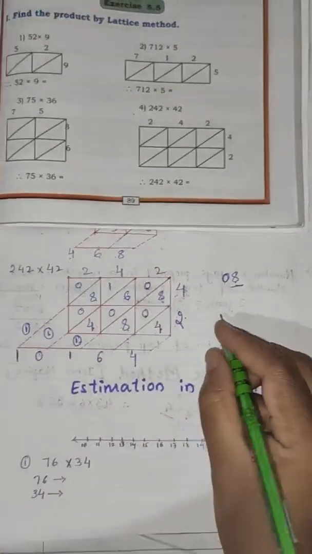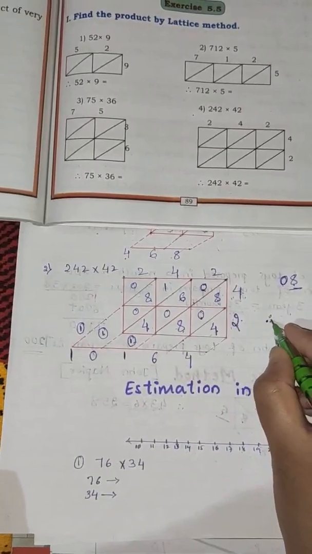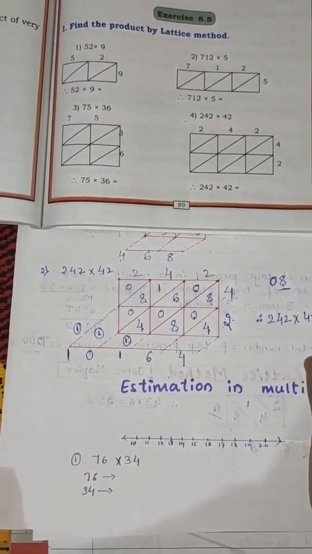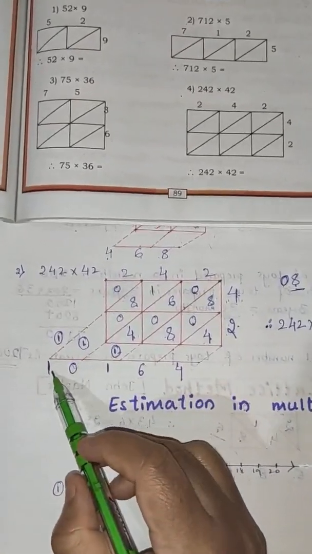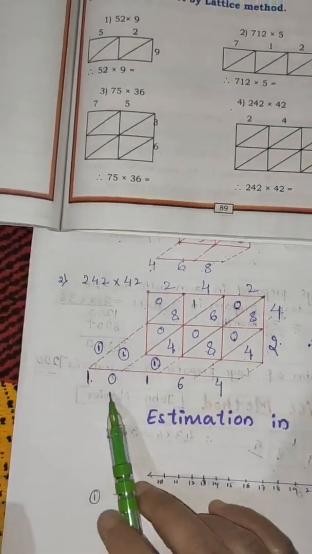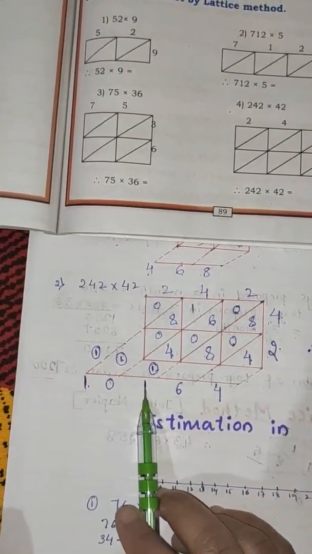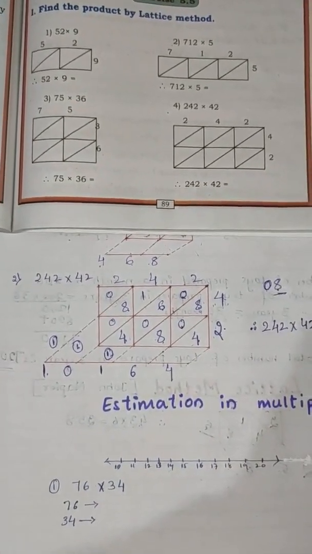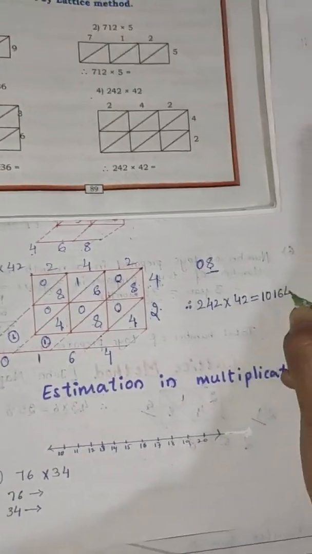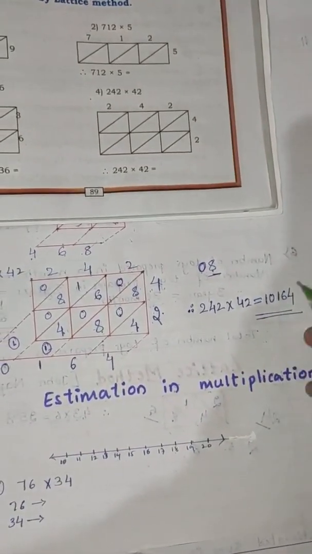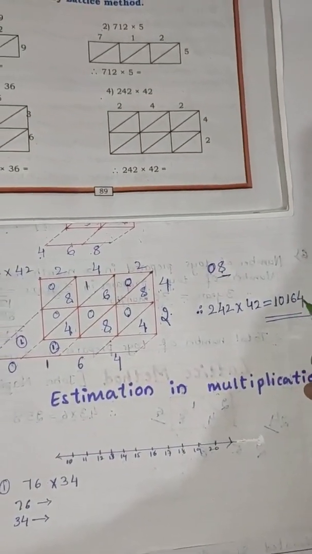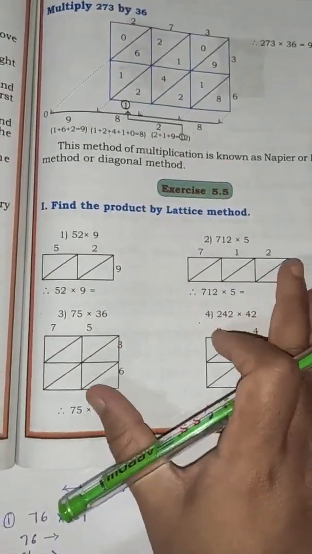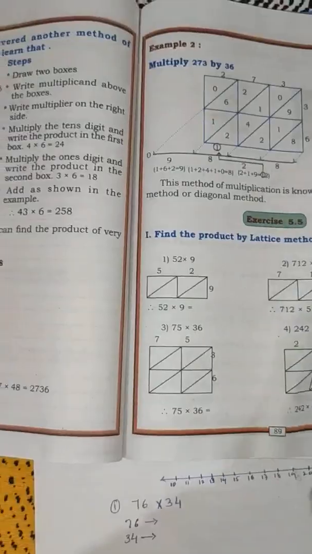Therefore, 242 into 42 is equal to how much? 10,164. Understood, children? 10,164. In the same way, you just try to solve the remaining sums by yourself.